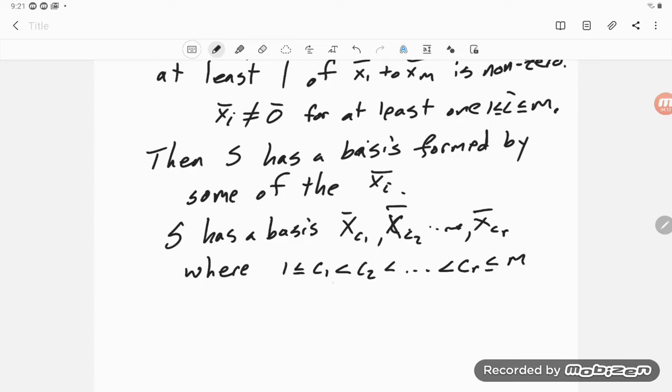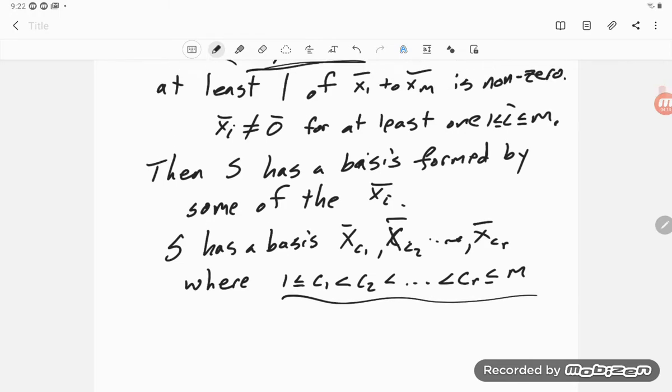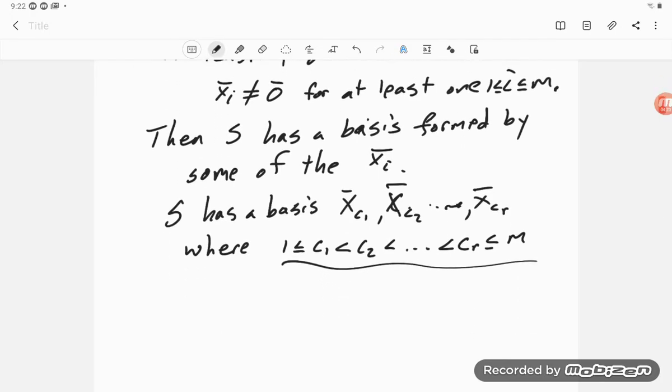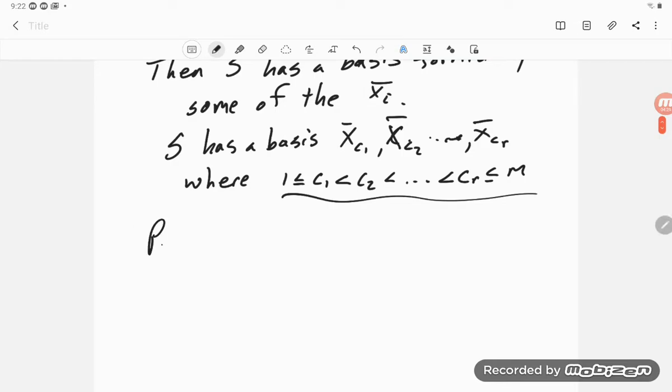All that's saying is that I can pick some of these vectors, maybe all of them, out as a basis. It's a pretty nice constructive proof, because if you were to do this with an actual set of vectors, you will construct the basis.